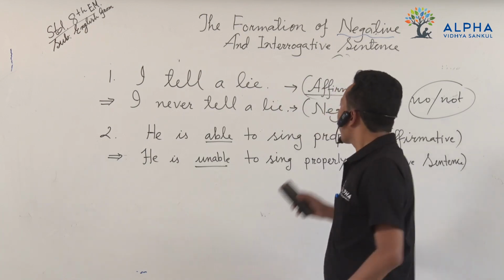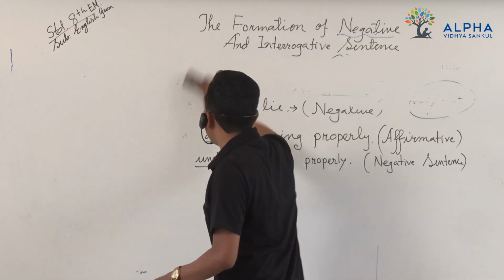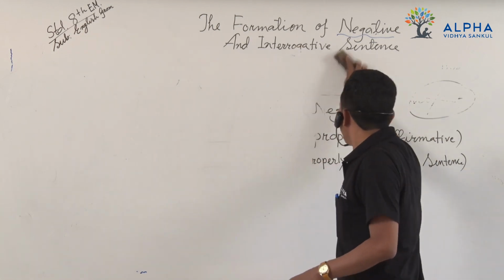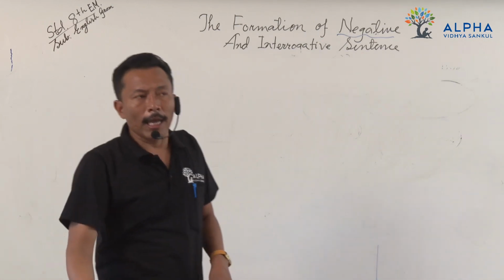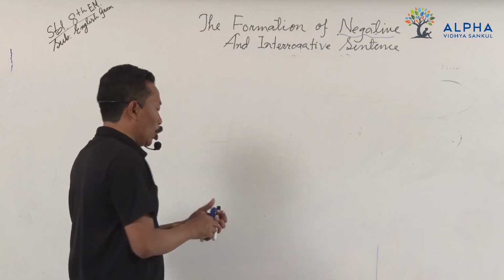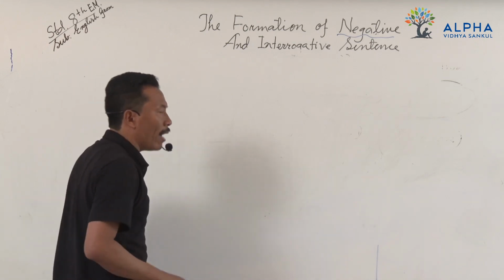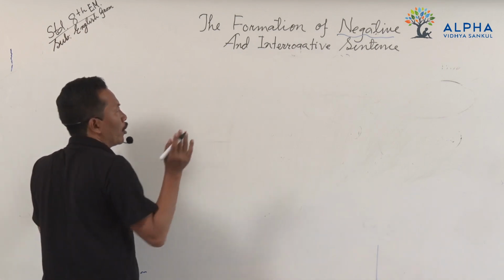And for these sentences, many students, many times, confuse themselves. I told you how many sentences? Two sentences. They do not have what? Auxiliary verbs.